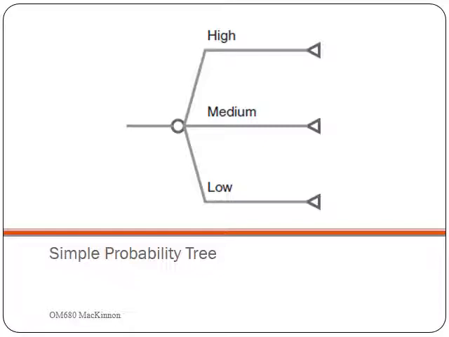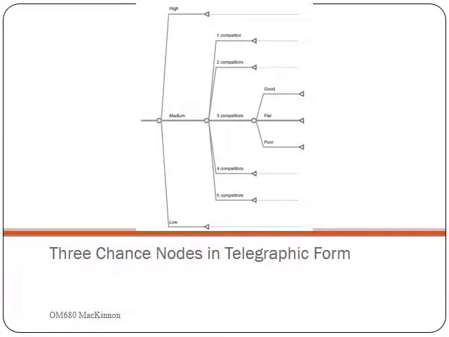What we can do is create trees in a series, or portions of the tree in a series. So, for example, coming out of the chance node is the medium probability, and into that we have a series of competitors, 1 through 5.